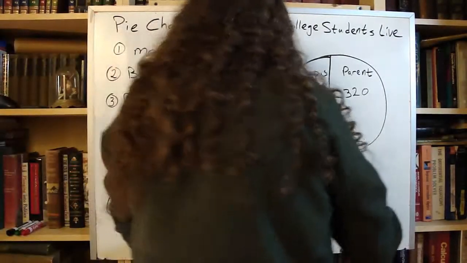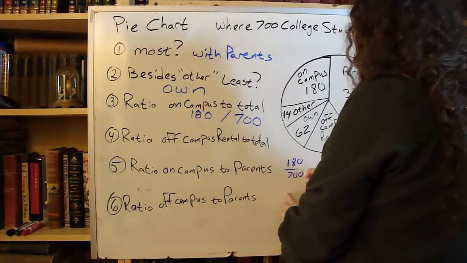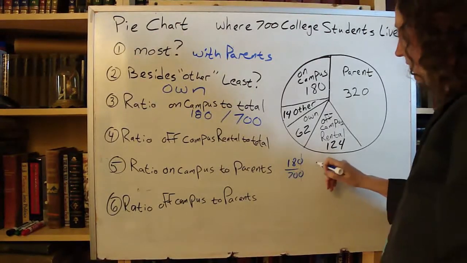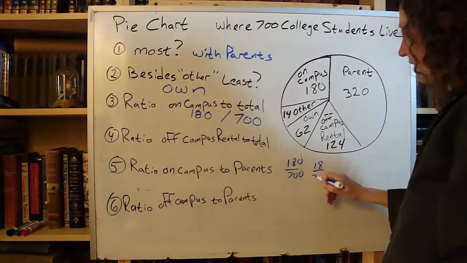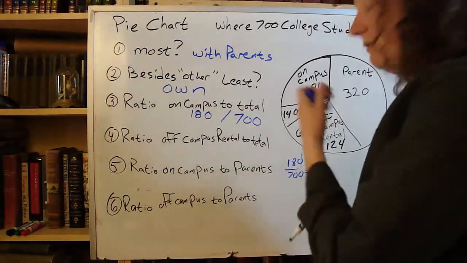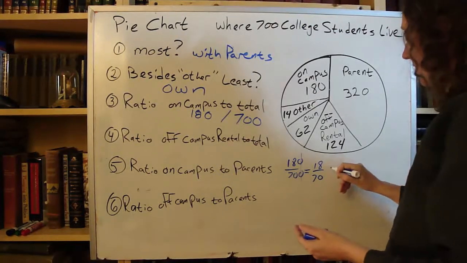So I'm going to do that here, 180 over 700. First thing I'm doing is canceling out the zeros. So now I have 18 over 70. Divide by 2, whatever it may take, divide by 3. So I'm going to start out by dividing by 2.